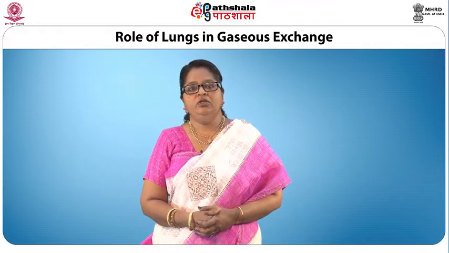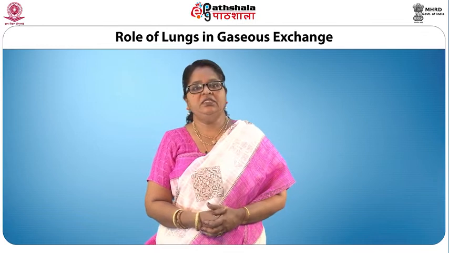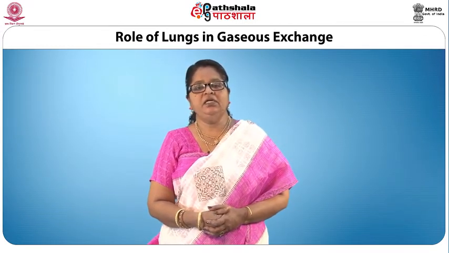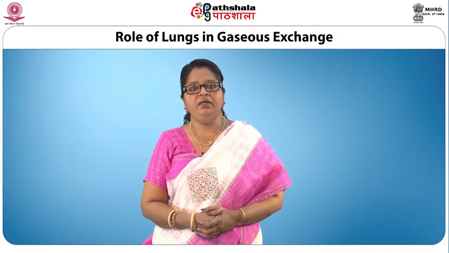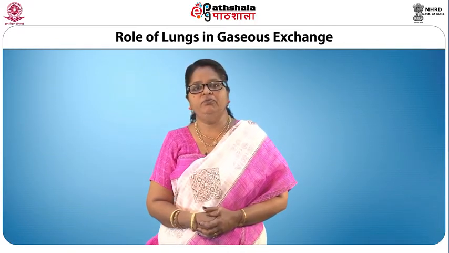Now, in order to understand the movement of gases clearly, we should understand the term diffusing capacity. Diffusing capacity is the volume of gas which diffuses through the capillary membrane per minute for a pressure gradient of 1 millimeter of mercury.